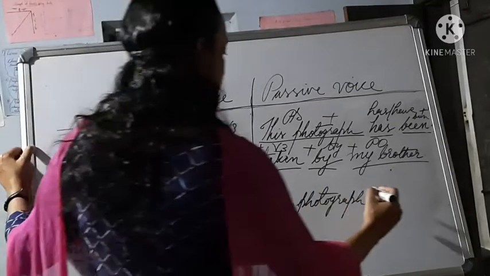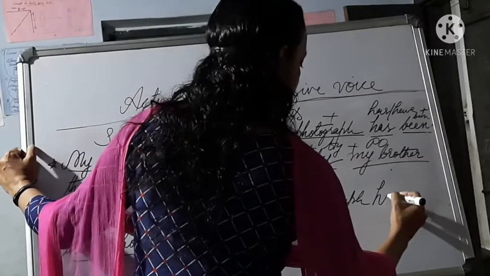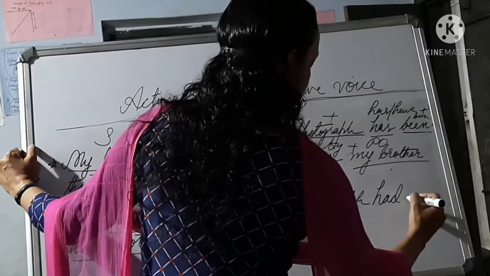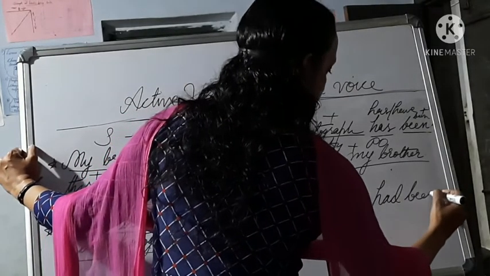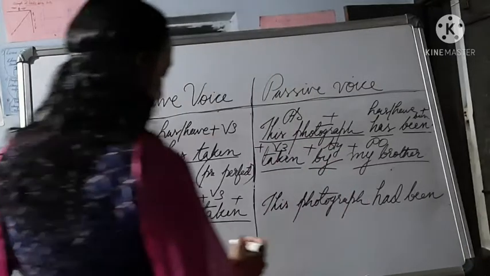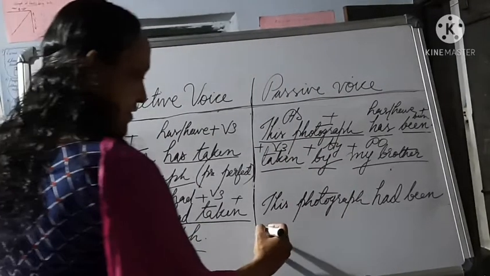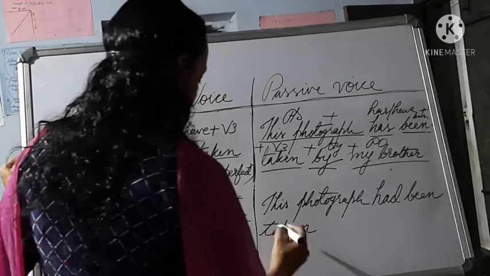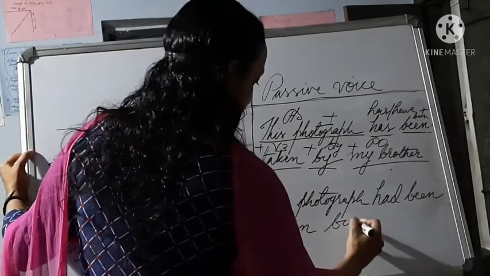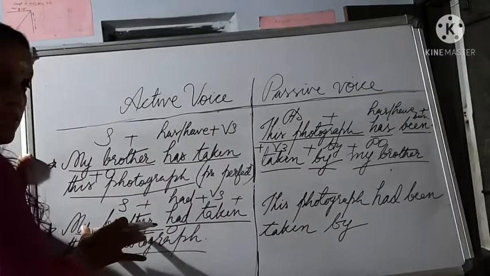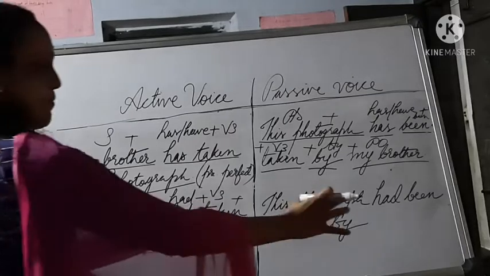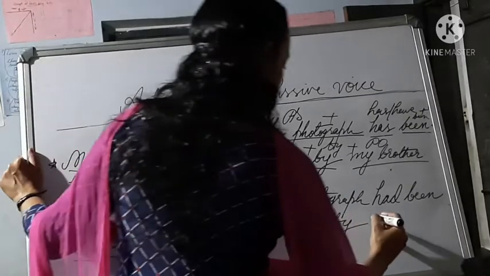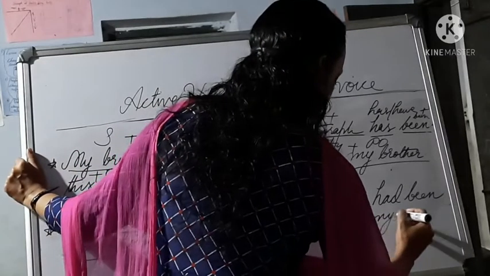So don't make any changes, just write had, and since it is perfect, you use the special word been, and the V3 form of take is taken. Then the special word by, and write the subject as passive object: taken by my brother.